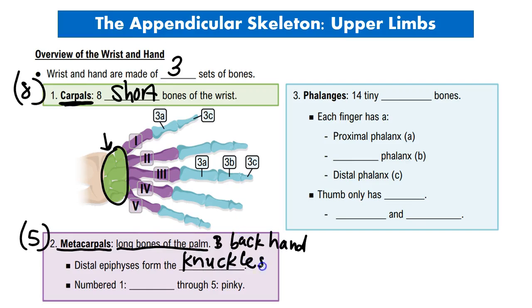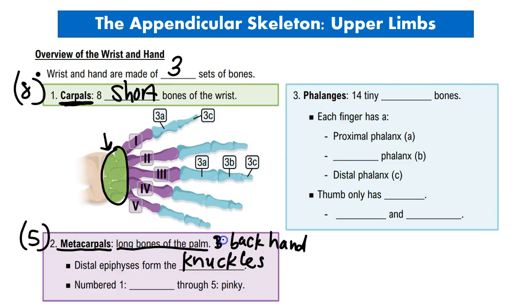So first what I do is I just have my hand open and I just try to feel the bones that are forming the base of my fingers. So all the bones that are in the palm of my hand, each single bone there goes to each single finger, excuse me. And then of course they form the knuckles at the top. So if you were to close your fist, you'll see all those knuckles are related to the distal epiphyses.